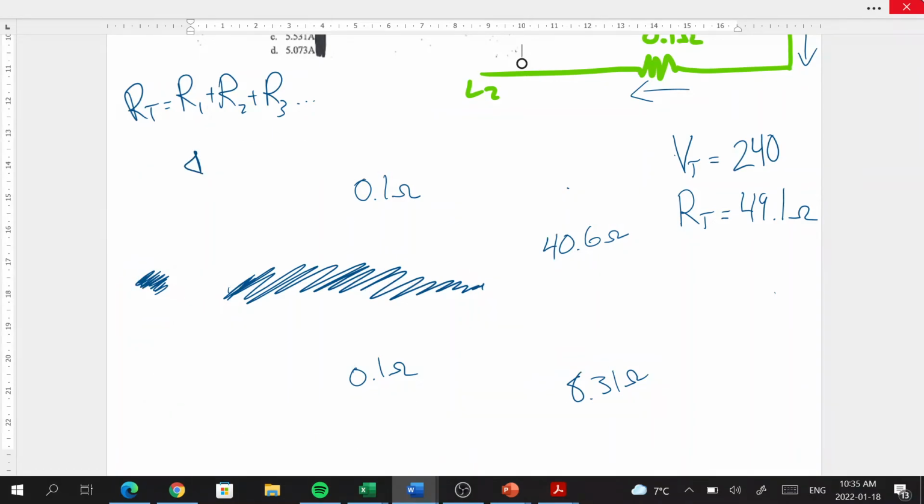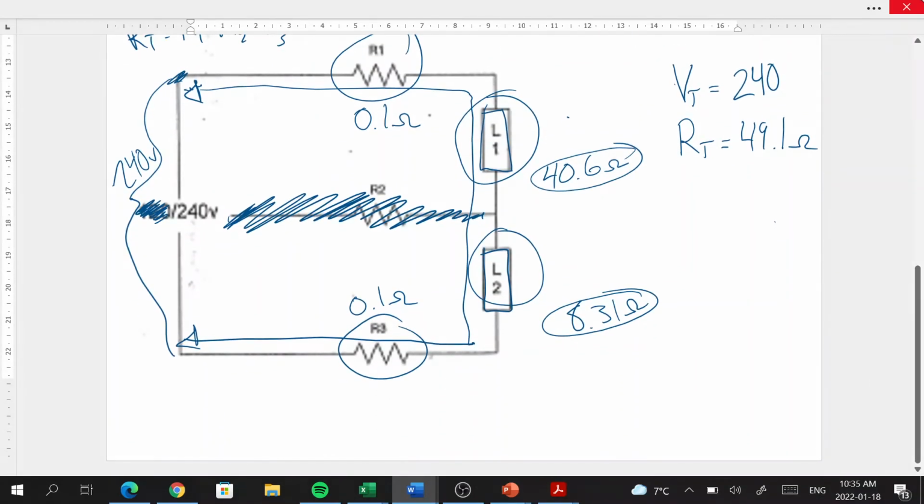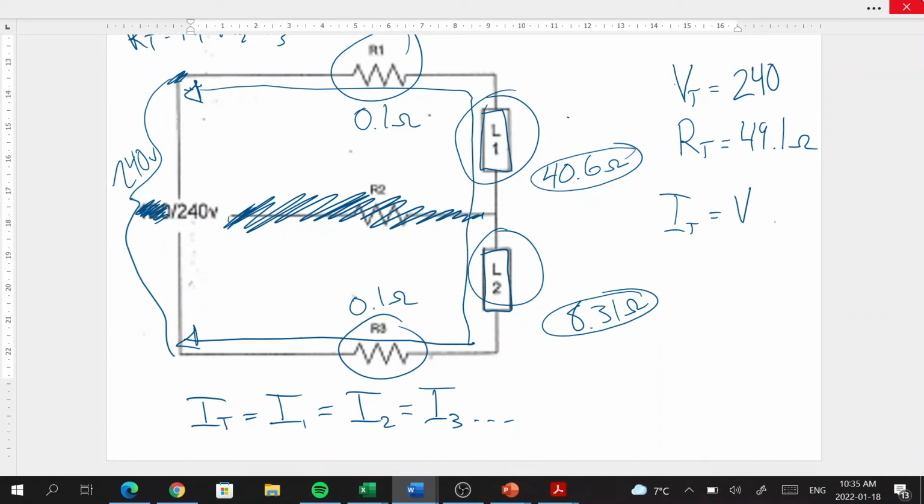And remember that in a series circuit, I total is equal to the current going through resistor 1, equal to the current going through resistor 2, resistor 3, etc. Everything's going to be equal. Current's going to be the same throughout the circuit. So our line current is equal to current total, and we can figure that out. I total is equal to V total over R total.